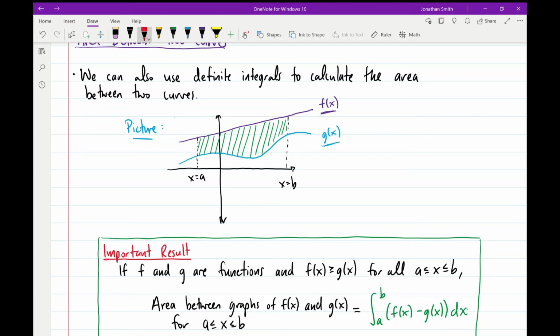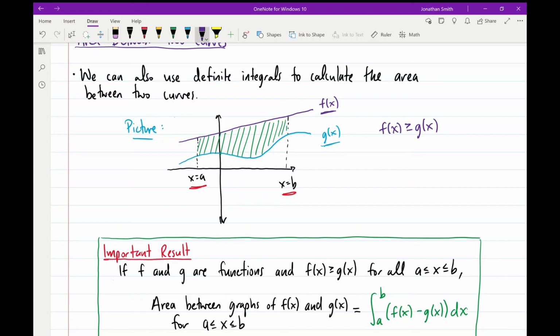And we have these two different points that are going to give us the limits of integration here. And we notice that f of x is always bigger than or equal to g of x. So f of x is always above g of x over this interval from a to b that we're looking at.